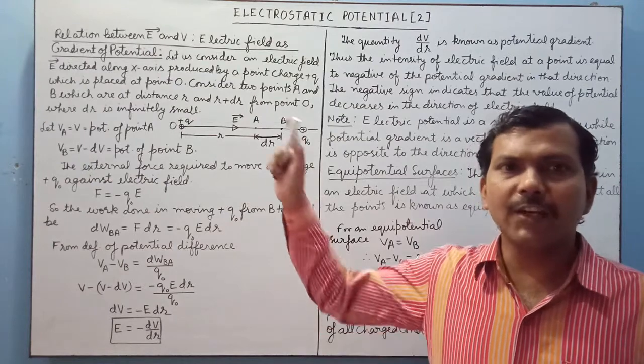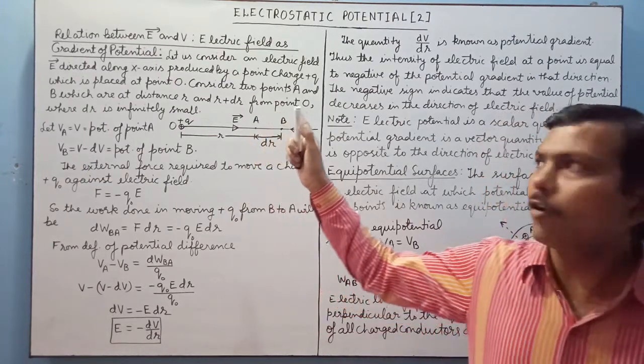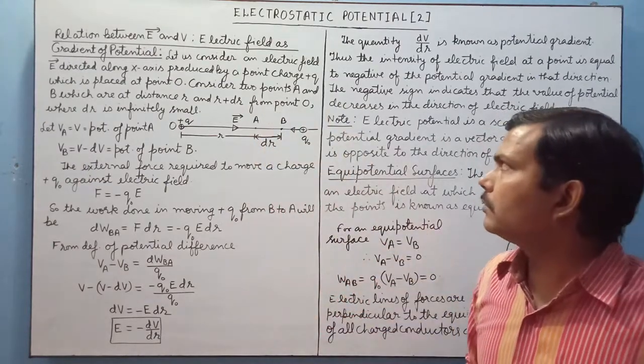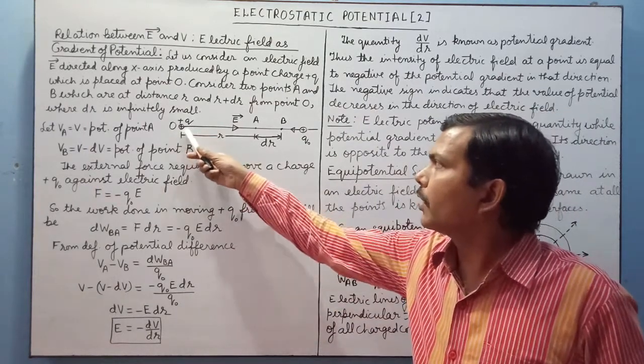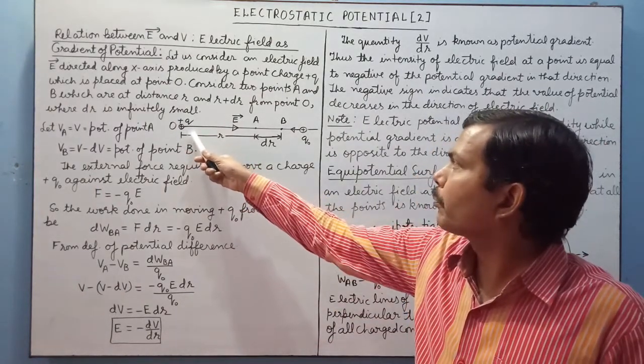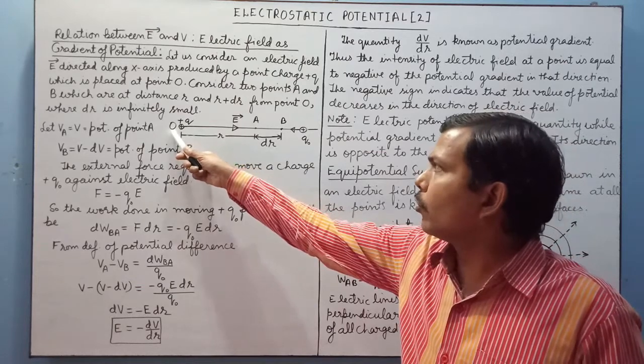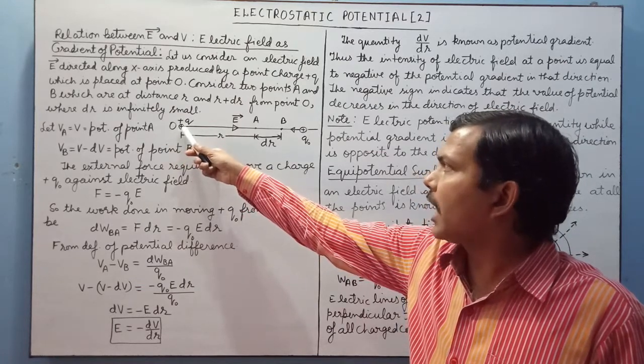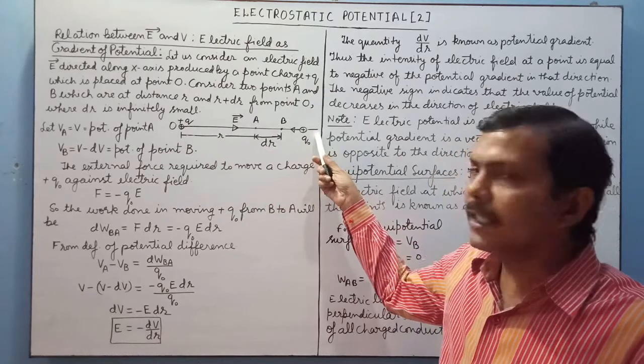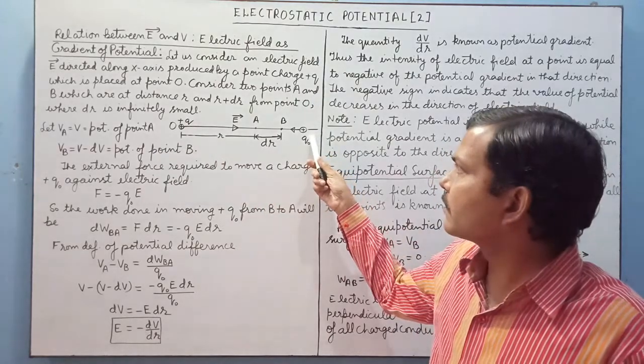Next is electric field as gradient of potential. Here let us consider a charge plus Q which is situated at point O. Due to this charge, I have considered electric field along the direction of x-axis.